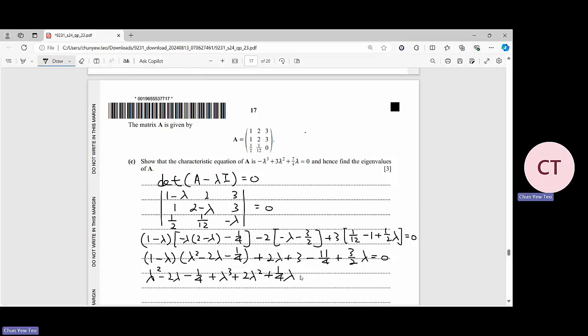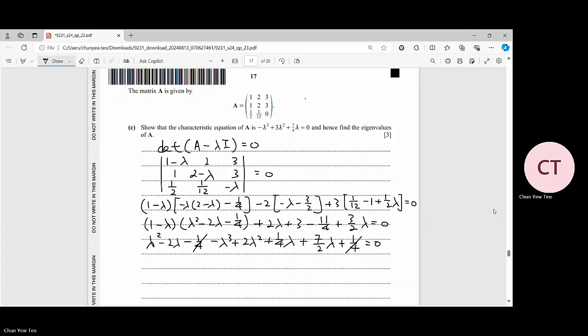Then this one joined together, you have, hey, I made a mistake. This is a negative lambda cube. Then you join together, you get 7 over 2 lambda, then 1 over 4, positive. So this one can cancel off. Again, you get negative lambda cube.